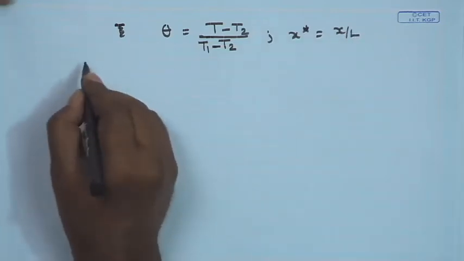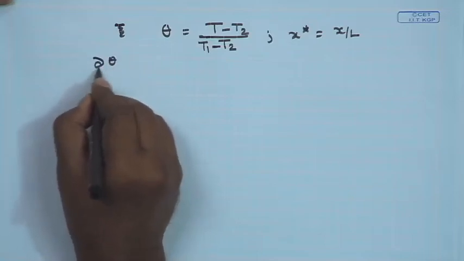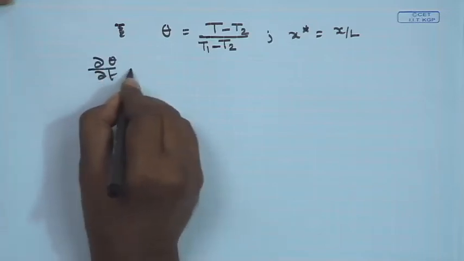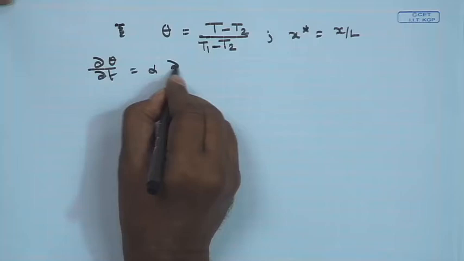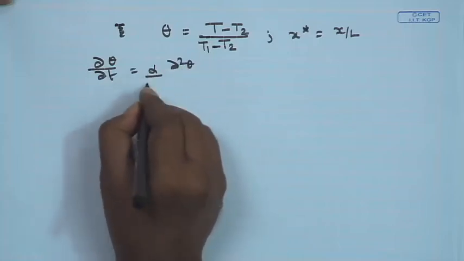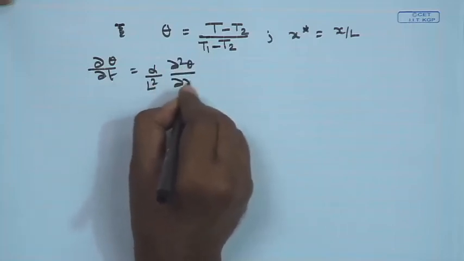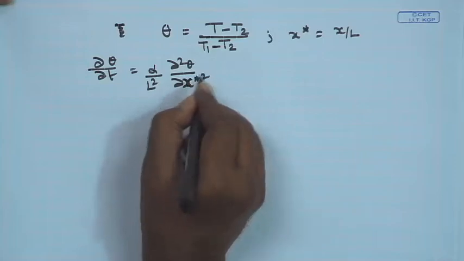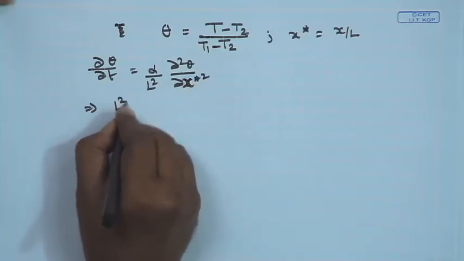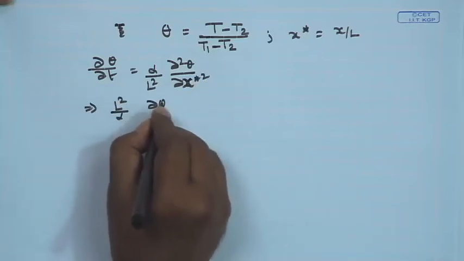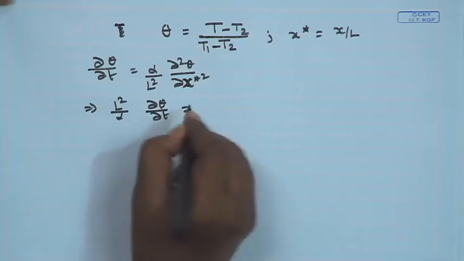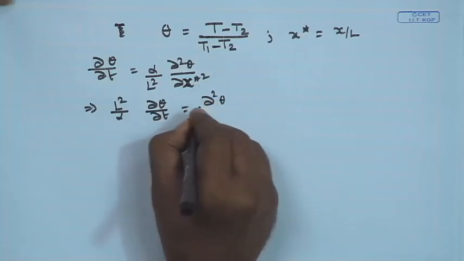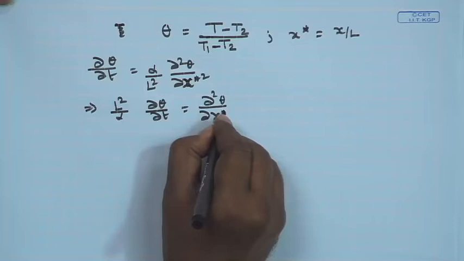system non-dimensional: del theta del t is equal to alpha del square theta by L square del x star square. So, this becomes L square by alpha del theta del t is equal to del square theta del x star square.